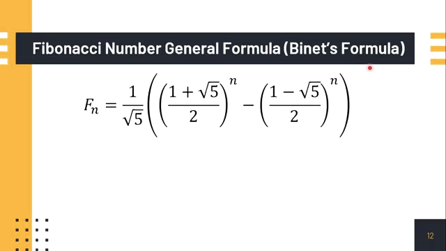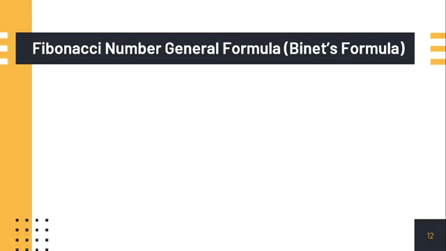So, letting F sub n represent the nth term of the Fibonacci sequence, where F sub n is equal to 1 over square root of 5 times the quantity of 1 plus square root of 5 over 2 raised to n minus 1 minus square root of 5 over 2 raised to n. So, using your calculator, halimbawa, kanina, kinukuha natin si 13. Ano yung sagot natin kanina?